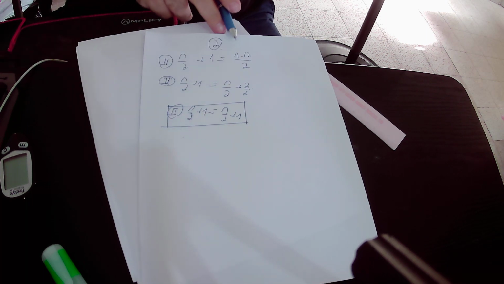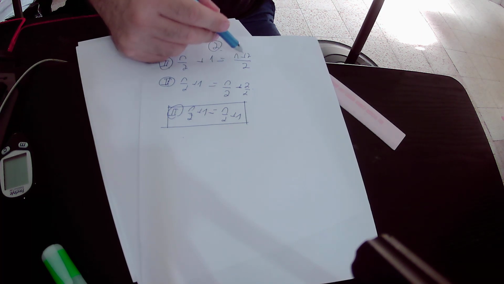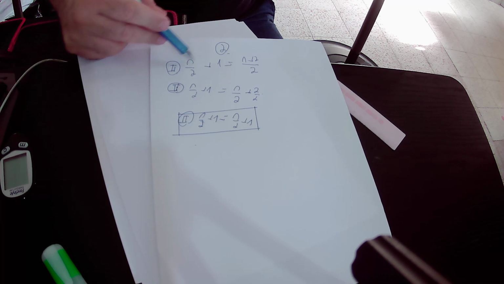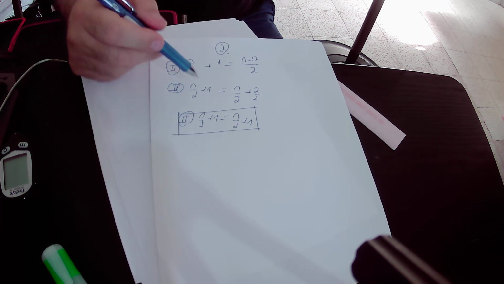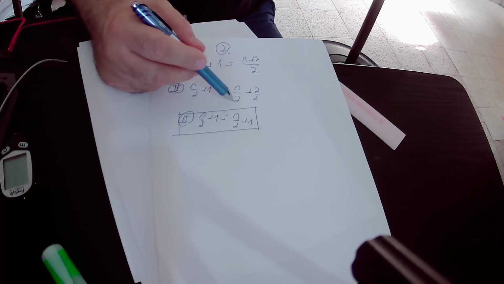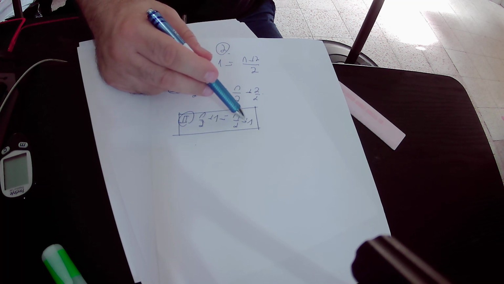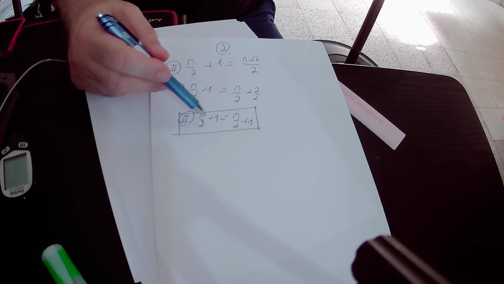So here we separated n plus 2 into two parts: n divided by 2 plus 2 divided by 2. It didn't change anything. Here 2 divided by 2 is 1, so it is n divided by 2 plus 1 equals n divided by 2 plus 1.